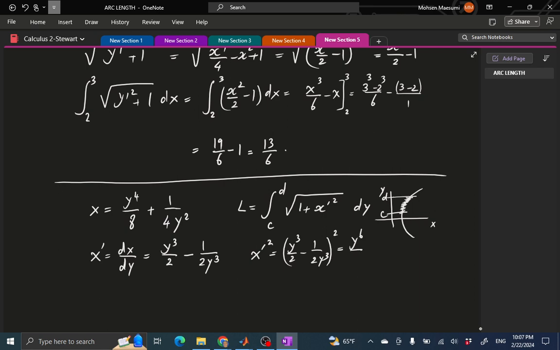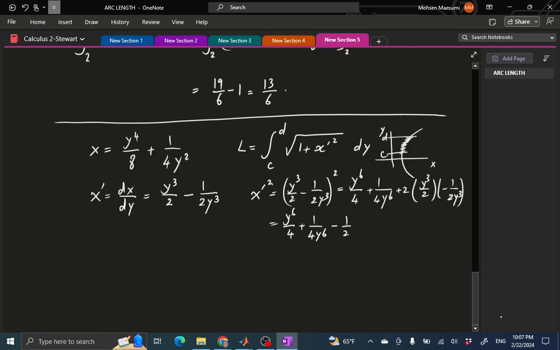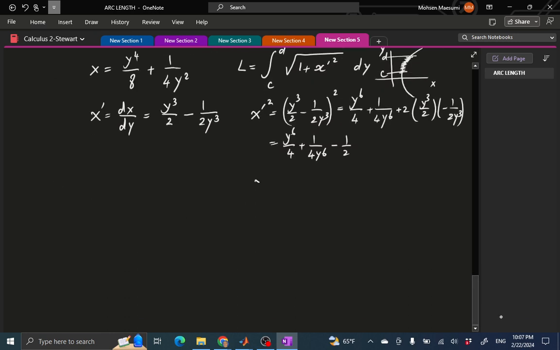It's going to be y^6 over 4 and 1 over 4 y^6, and then when I multiply these two together, twice the first times the second, so twice y^3 over 2 times minus 1 over 2 y^-3, that is minus 1/2. Then x prime squared plus 1, if I add 1 to this, this minus 1/2 becomes plus 1/2, y^6 over 4 plus 1 over 4 y^6 plus 1/2.